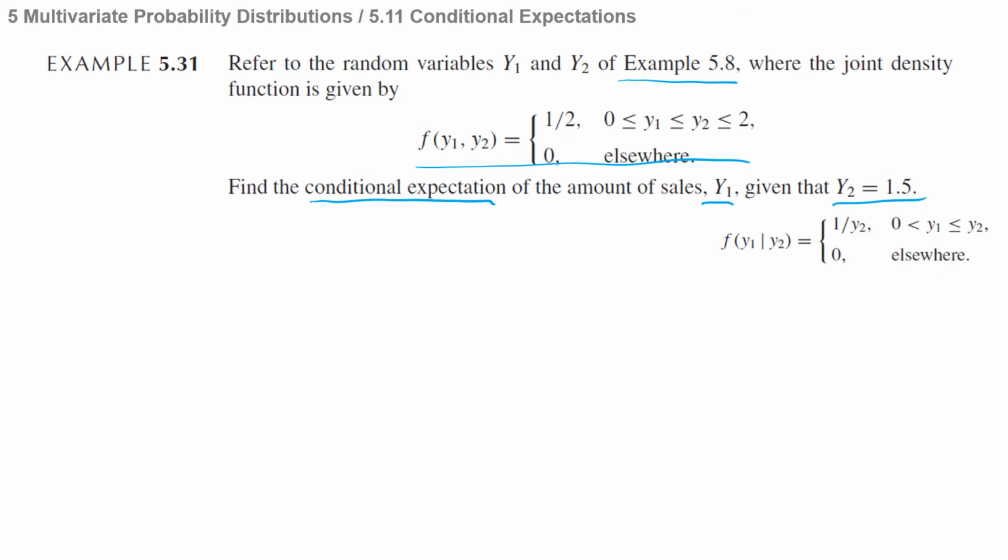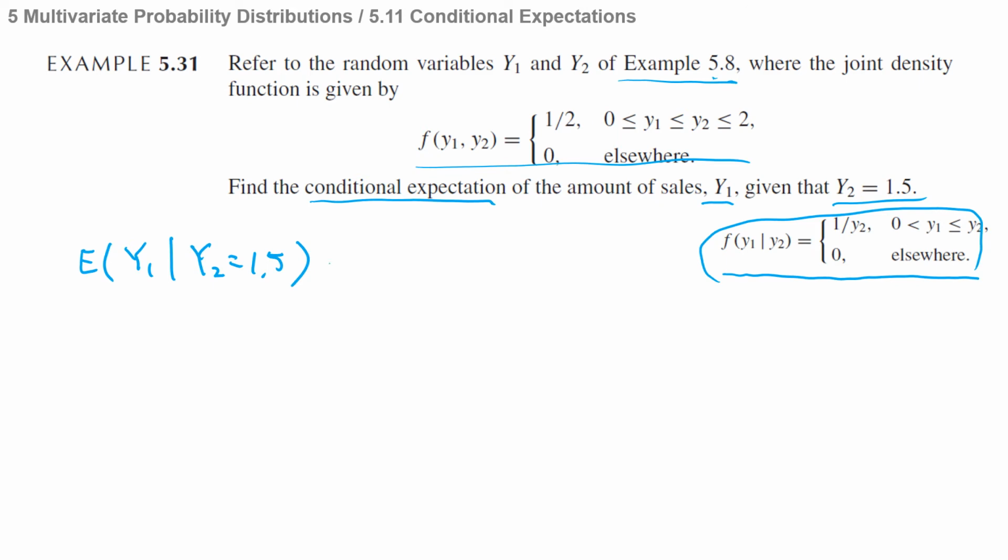In example 5.8, we already calculated the conditional density function, and here we want to find the conditional expectation, which is the expected value of y1 given y2 equals 1.5.